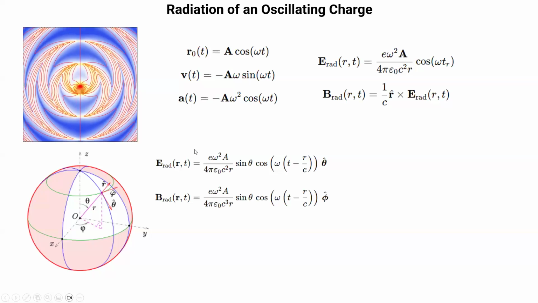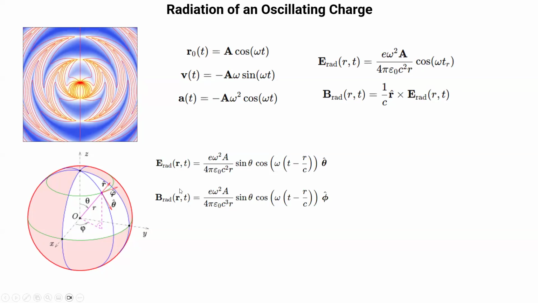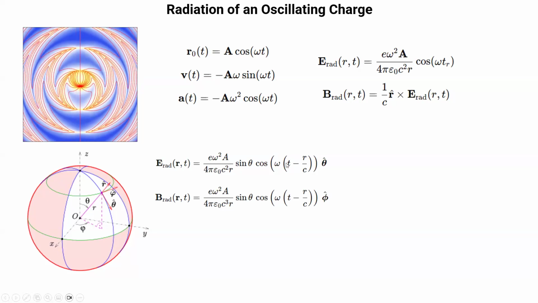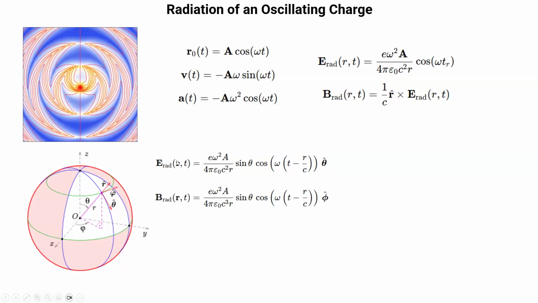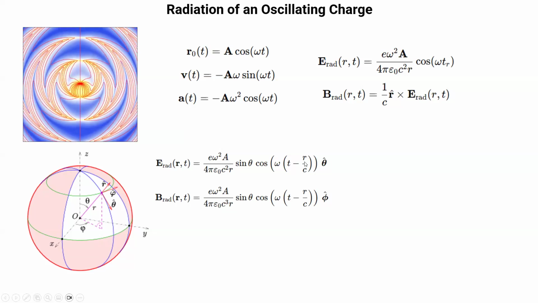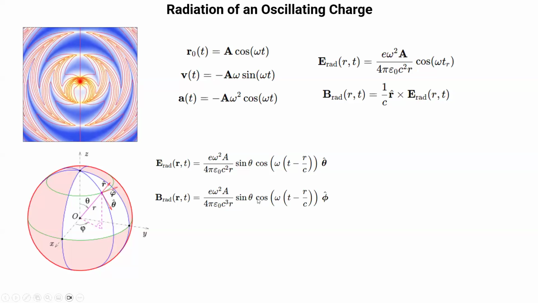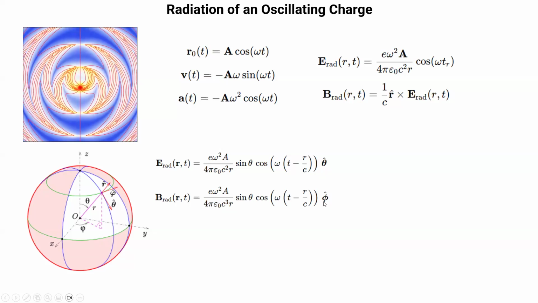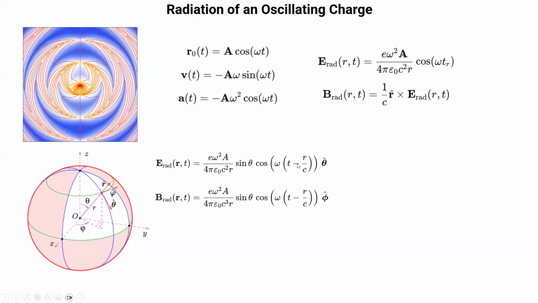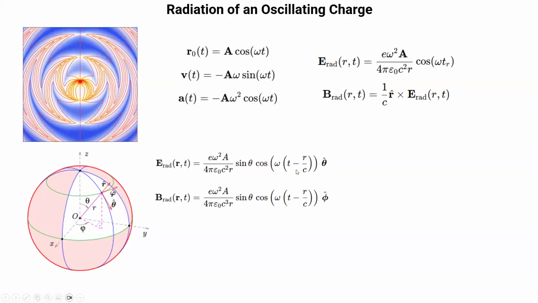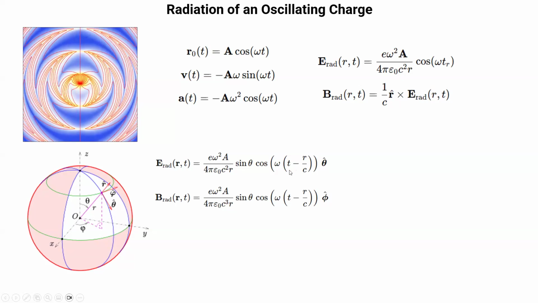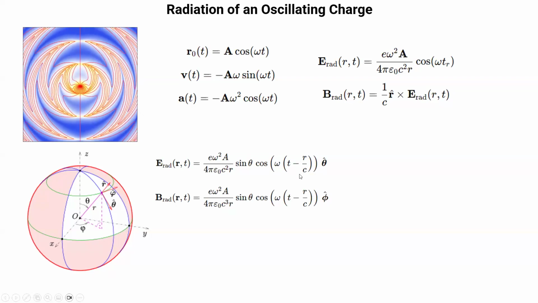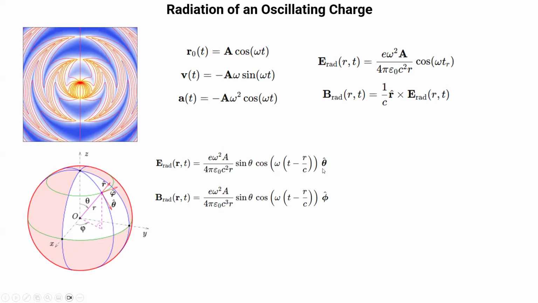So I can write the radiated electric and magnetic field equations in these components. The electric field depends on theta, and the magnetic field also depends on theta and points orthogonal to the electric field. I also explicitly indicate that the time is retarded by the value r over c.